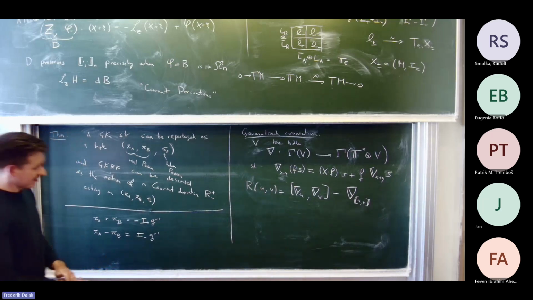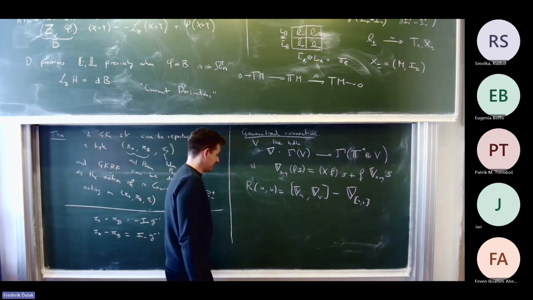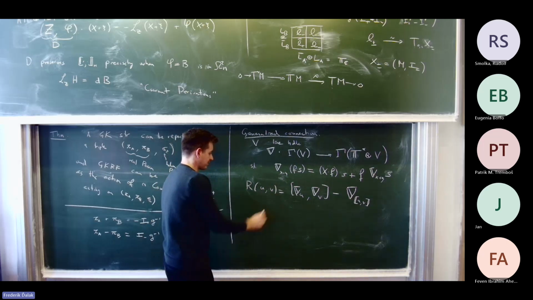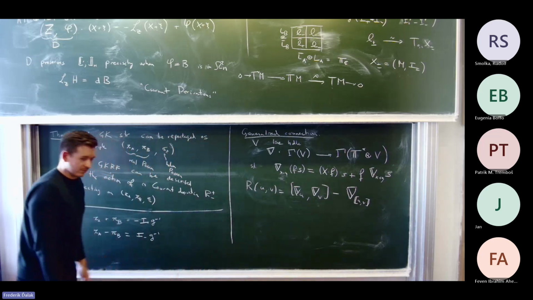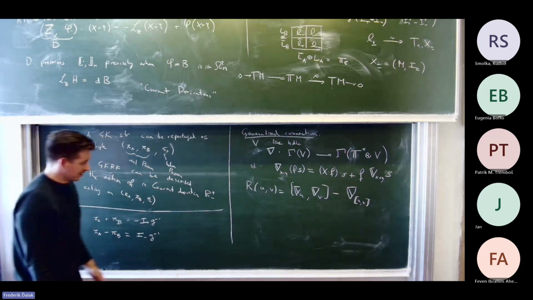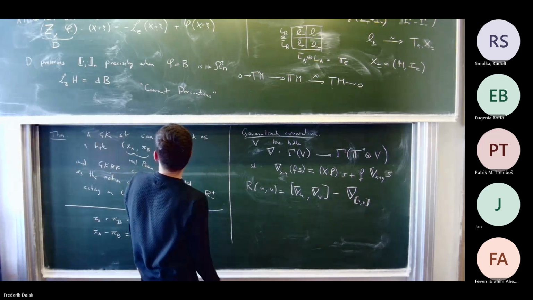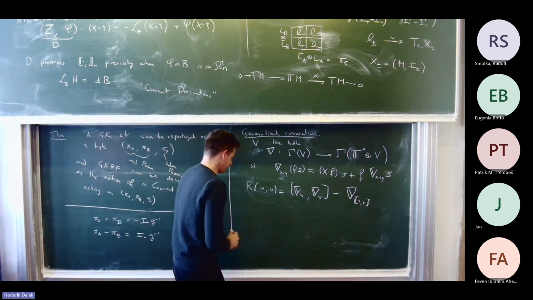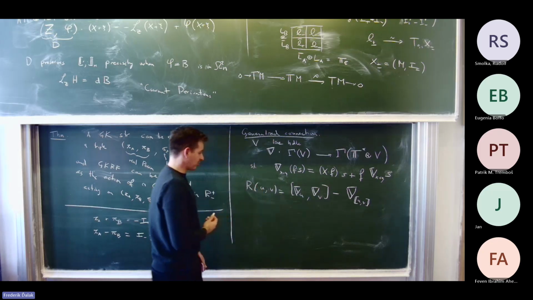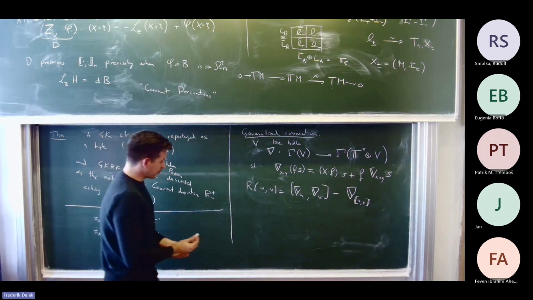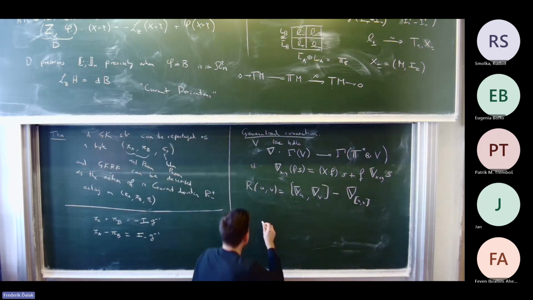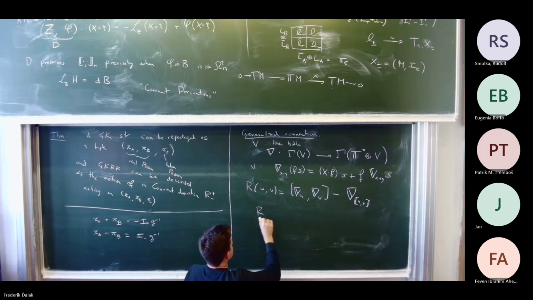What we find is that this thing is not tensorial in this argument, which some people might say is an issue. I disagree. I think it's fine. That's really a differential operator.